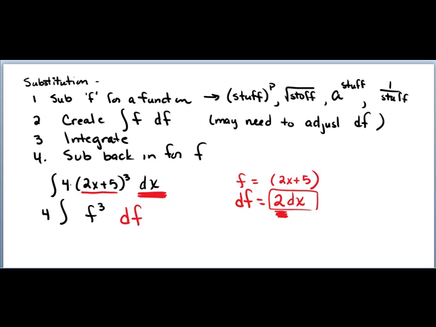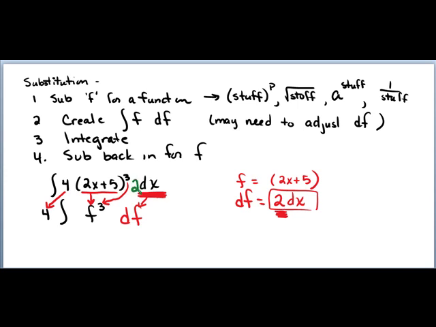So let me kind of recap everything. This 4 is that 4. I haven't changed anything. 2x plus 5 is the same as f. I haven't changed anything. My power of 3 is still my power of 3. But my dx, in order to become df, has to have a 2 with it. So we can put a 2.